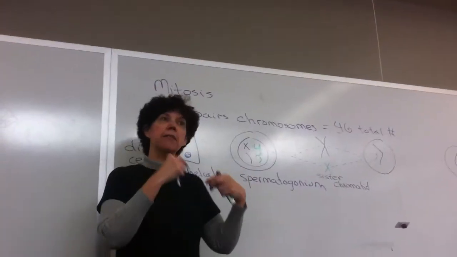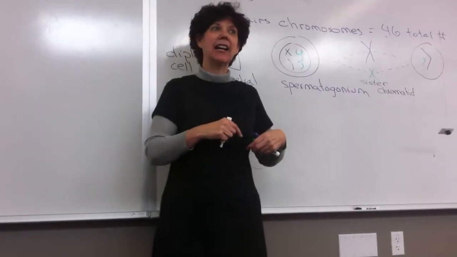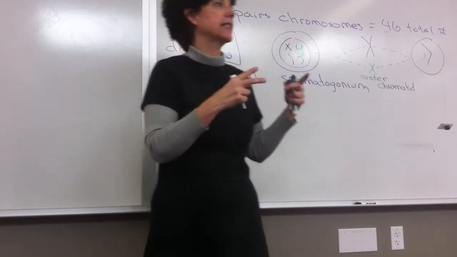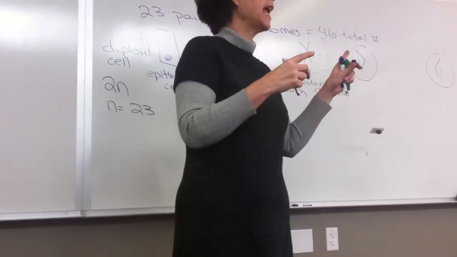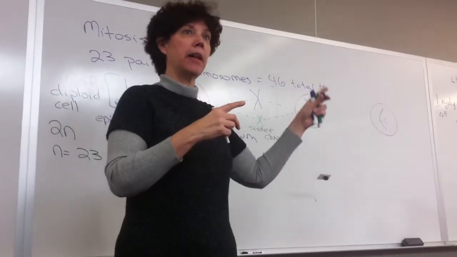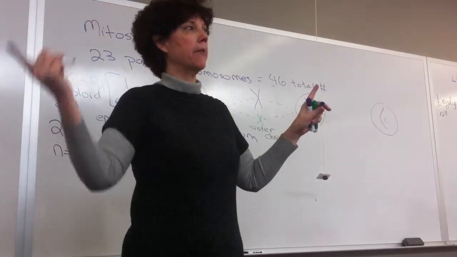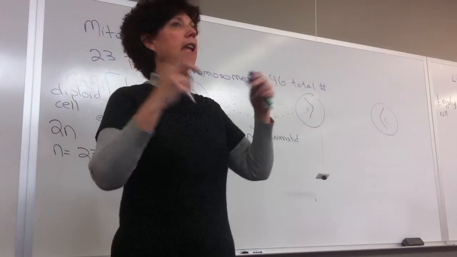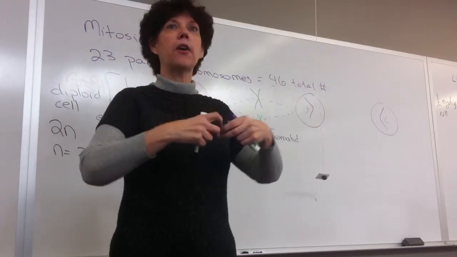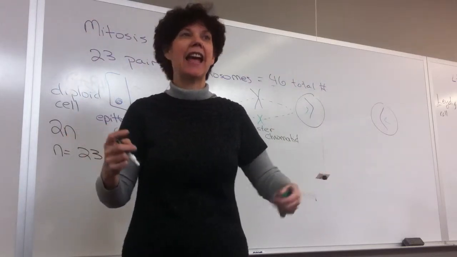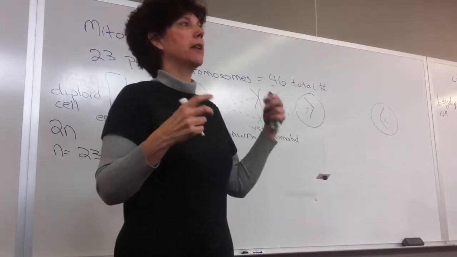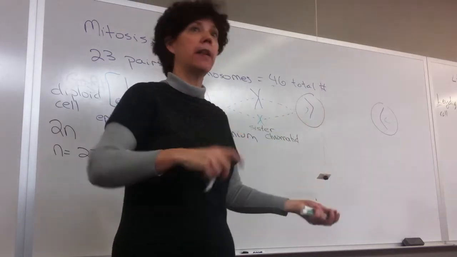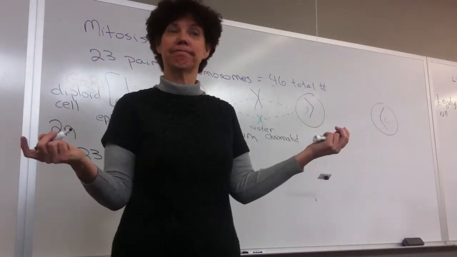Crossing over allows, let's say that in my egg, now I have two X's. One X came from the egg of my mother. The other X came from the sperm of my father. Okay. Now, in chromosomal reduction, those are going to be separated, and an egg that is fertilized would have only one X, either the one from my mother or the one from my father.